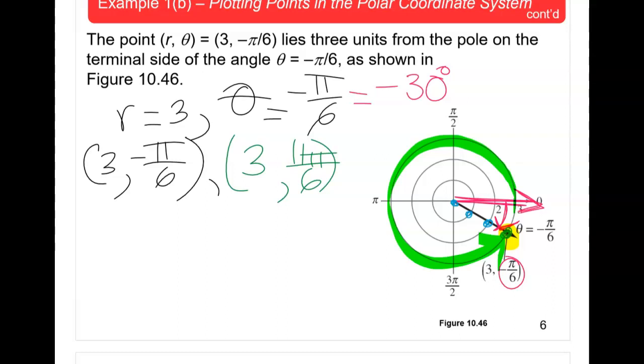Now, if I was to change the radius to something negative, it will be a point located here. But we wanted, actually, if r was 3, it will be there.